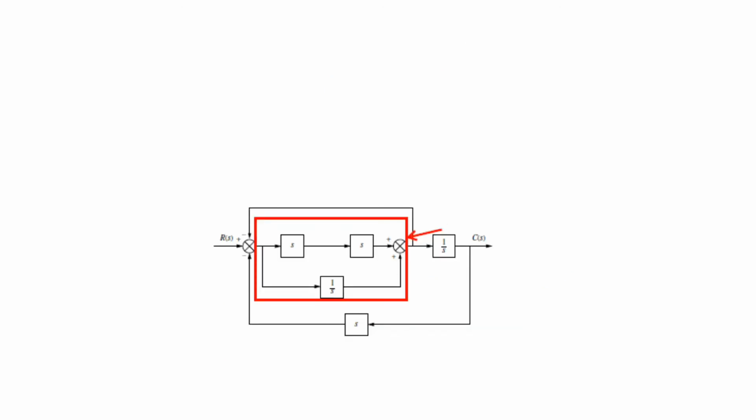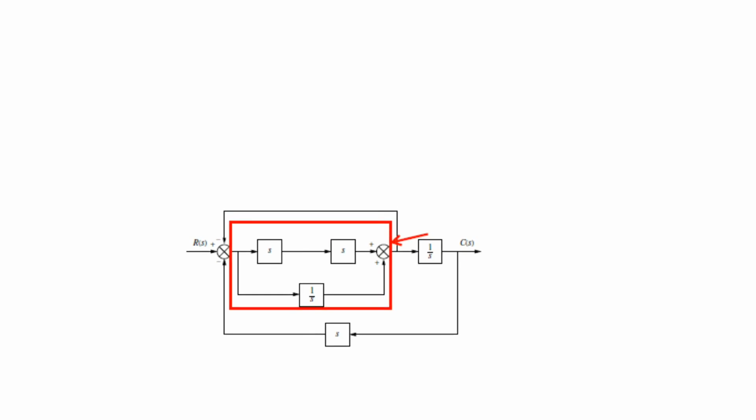Now let us take another example which you have to do at your own end. Here we have this block diagram. Simply by using block diagram reduction techniques, you can solve this also. Here we have this parallel form. We can convert the parallel form, and then we will have this feedback form, and after the feedback form finally we have the final feedback form, and then we multiply with this.